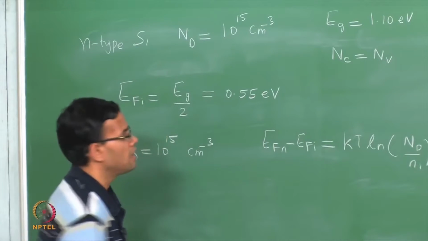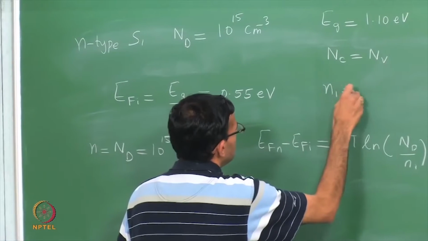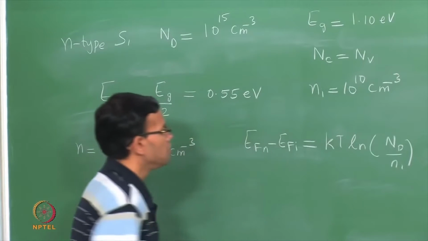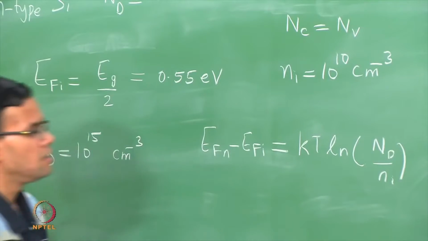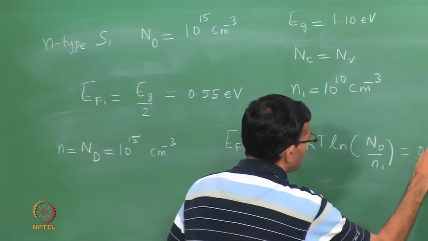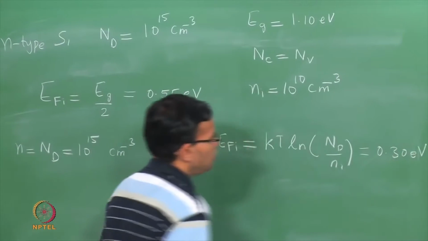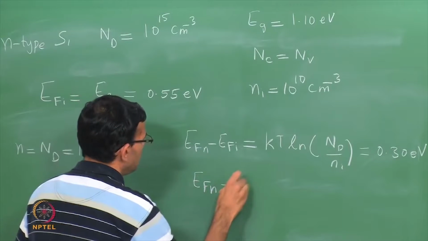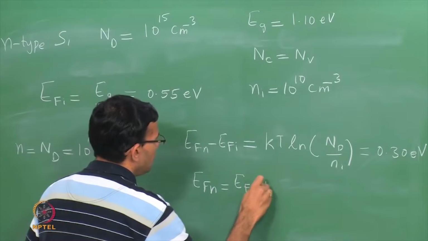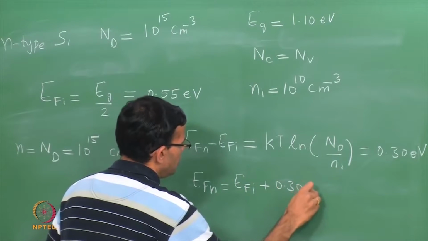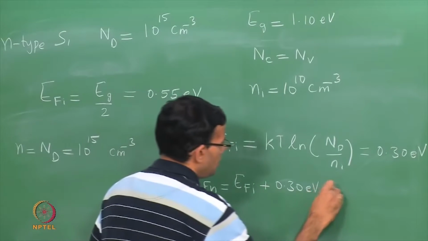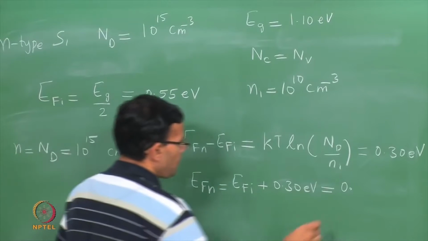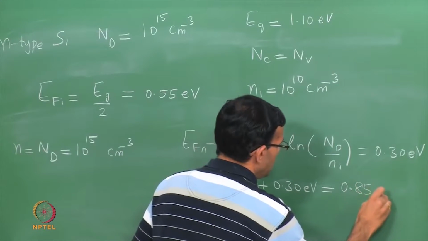In the case of silicon, Ni is around 10 to the 10. So, substituting the numbers, this gives you a value of around 0.30 electron volts, or in other words EFN is EFI plus 0.30 electron volts, which is 0.55 plus 0.3 is 0.85.